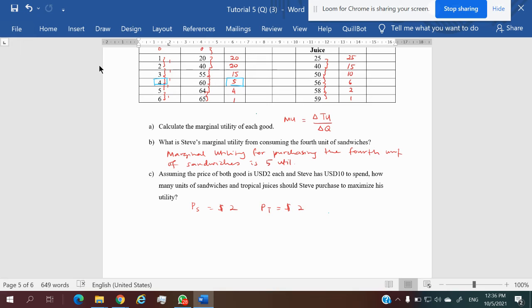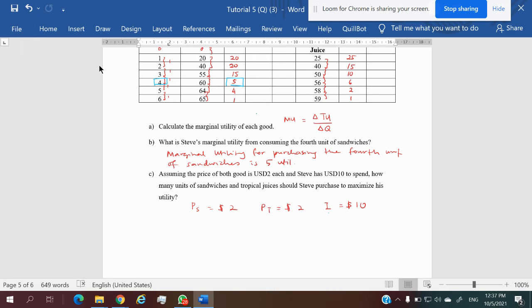And Steve has $10 to spend, so that is the income level. How many units of sandwiches and tropical juices should Steve purchase to maximize his utility?